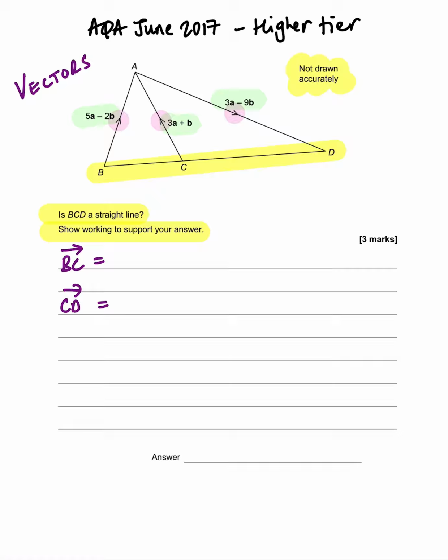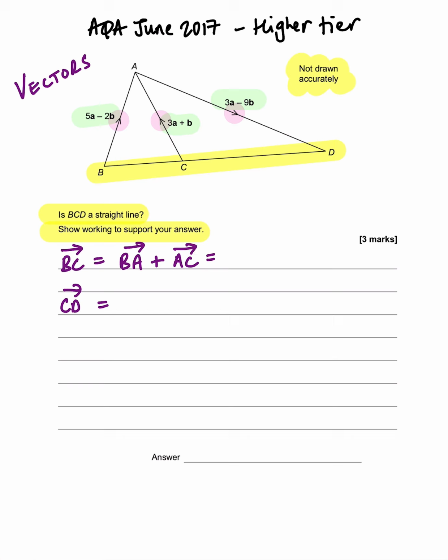So to go from B to C, I have to map a journey, but that journey needs to be via a route that I know information about. So I'm going to do B to C, but I'm going to go B to A, and then I'm going to go A to C. Okay?